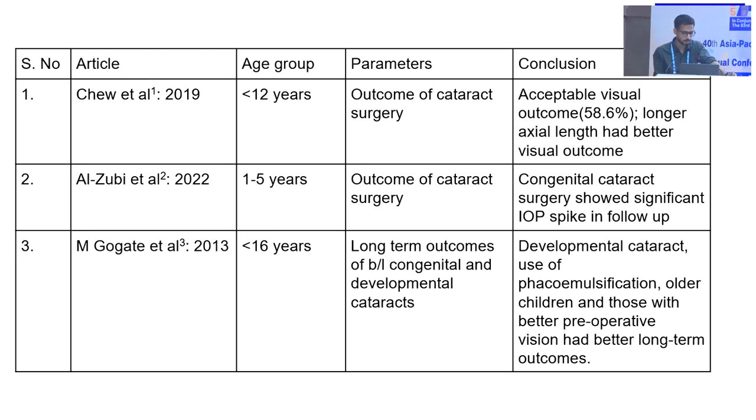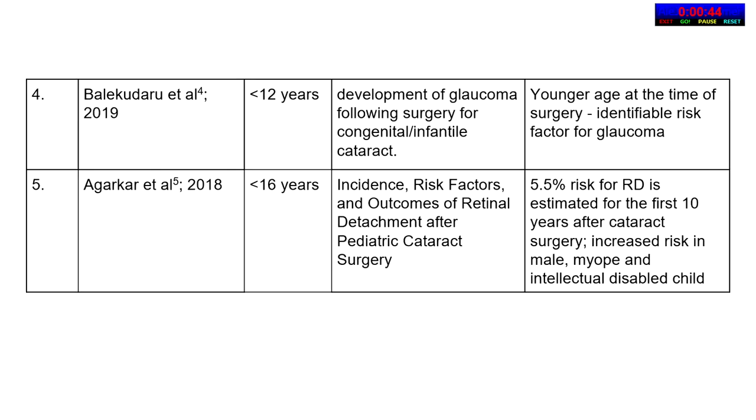And Gogate et al. looked at the outcomes of bilateral congenital and developmental cataract in those less than 16 years and noted that developmental cataract, use of phacoemulsification, older children and those with better preoperative vision had better long-term outcomes.